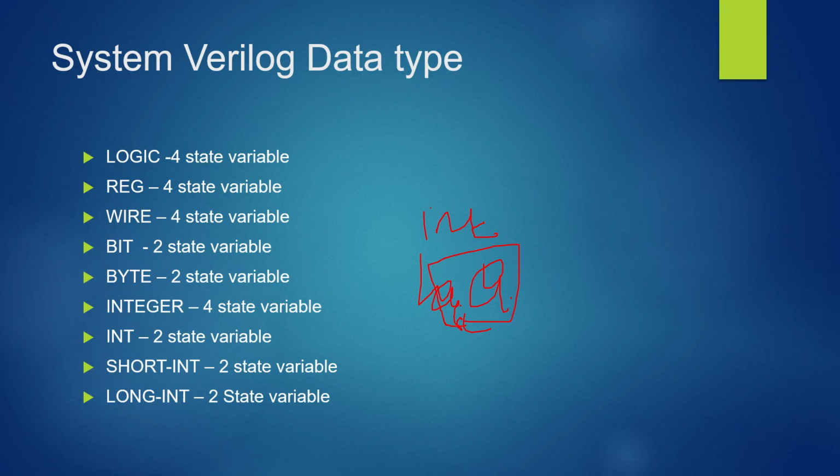Here the data types are two state data types and four state data types. Two state data types means the variable can hold only two values, 0 and 1. And four state data types mean it can hold four values, which are 0, 1, x and z.